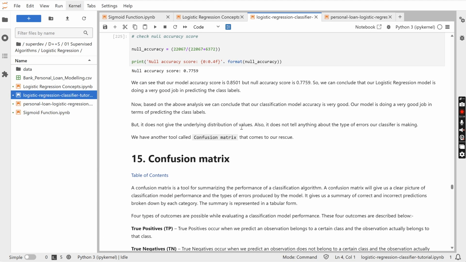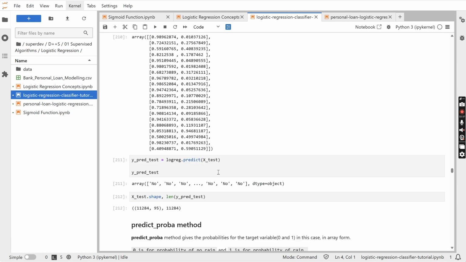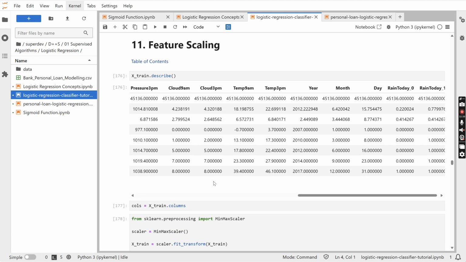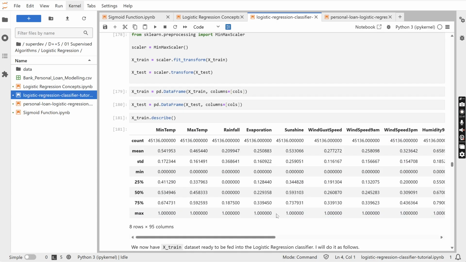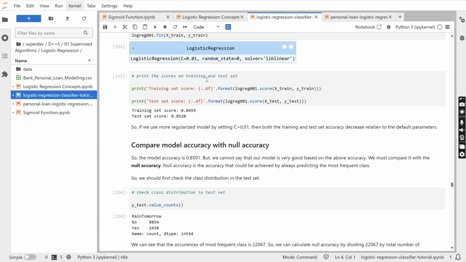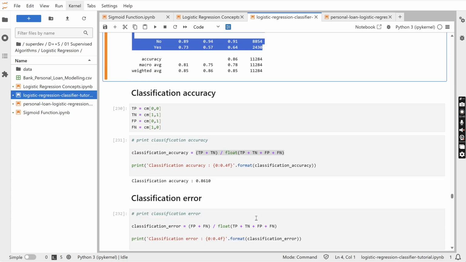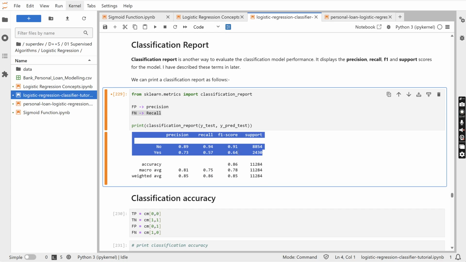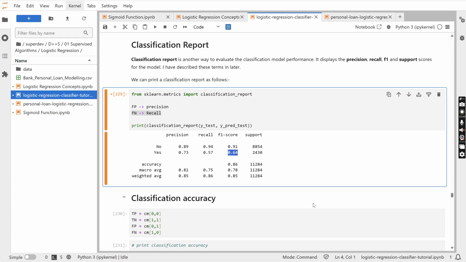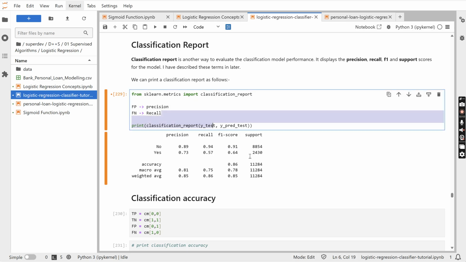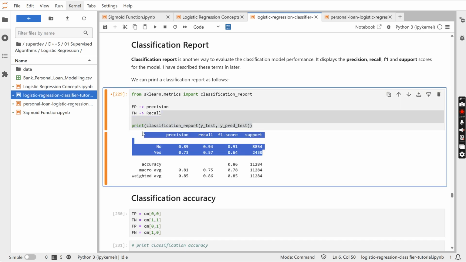You have to go back and add an additional pre-processing step wherein you oversample the number of yes cases, and then come back and repeat the same process until you get 90% here as well. This way you have to understand the classification report. Recall and precision we'll talk about in depth, but this is how you should read the classification report results.